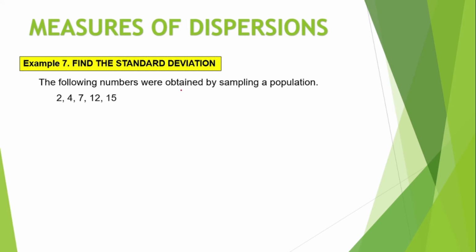Since in our example it states that it is a sampling of a population, it means that the numbers we took are just a sample from the population. So, it is not the whole population, we just get the sample. So, what we will use is just the second formula, the standard deviation for the sample.